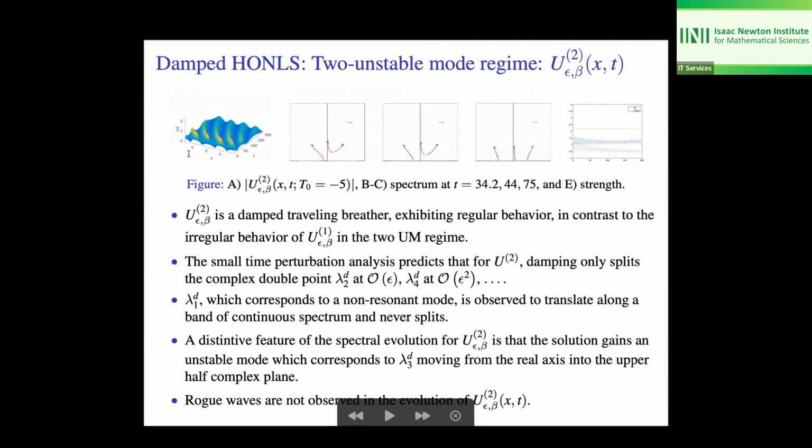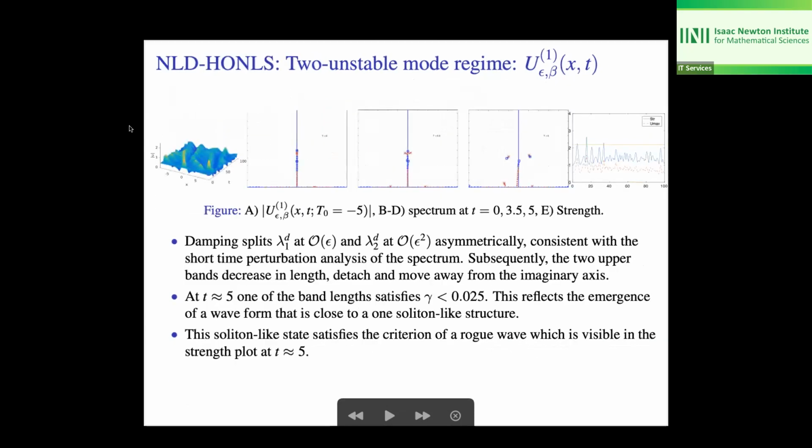It's built off of the second complex double point, and so I didn't repeat the spectrum initially. It's exactly what you had here, as we discussed before, with the Backlund transformation being isospectral. The spectrum for U1 and U2 is identical.